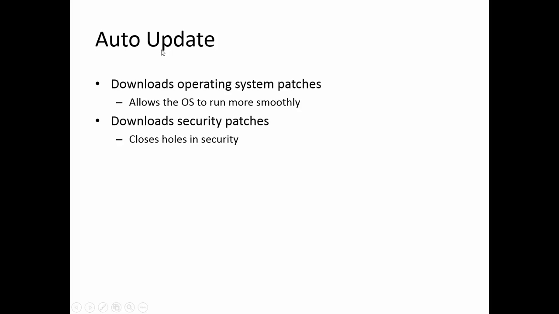Auto update. Auto update is a feature of Windows that downloads operating system patches from Microsoft's update server, and the purpose of these patches is to allow the operating system to run more smoothly, to correct any errors in the operating system. And auto update also downloads security patches, and the security patches close any holes which may be in security.